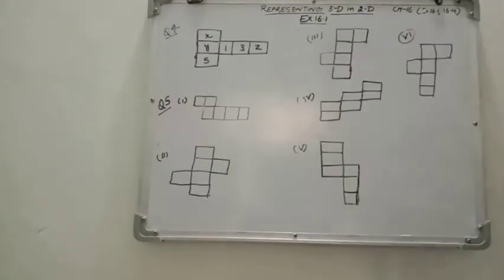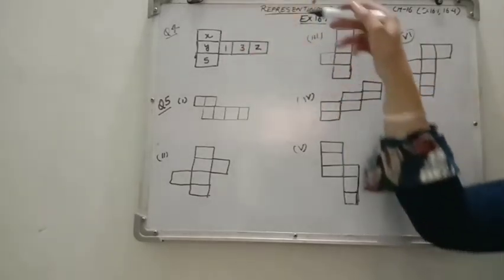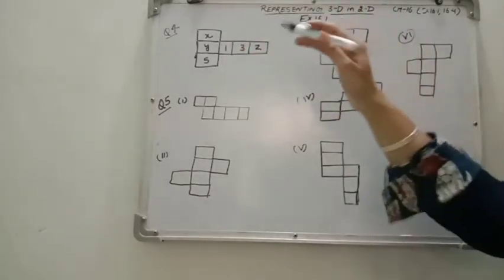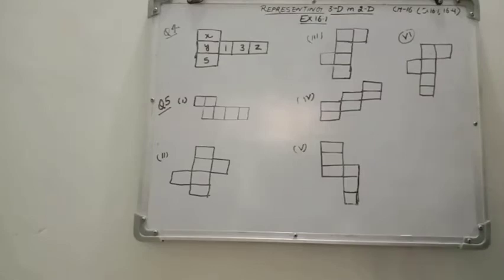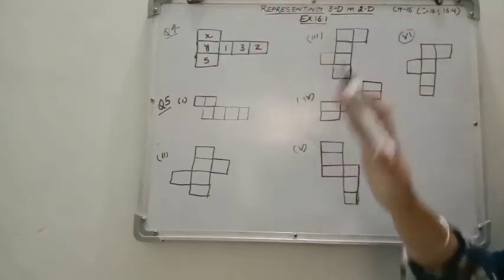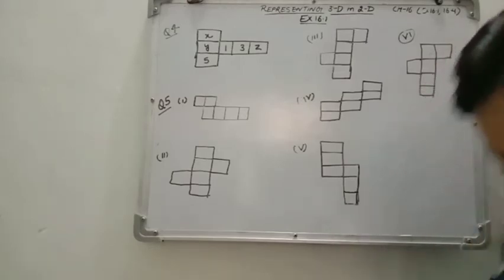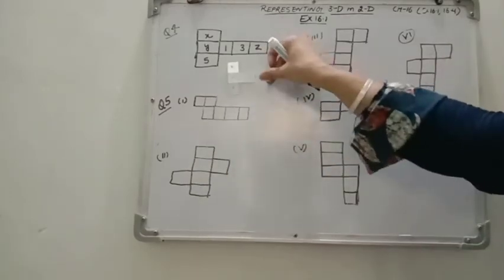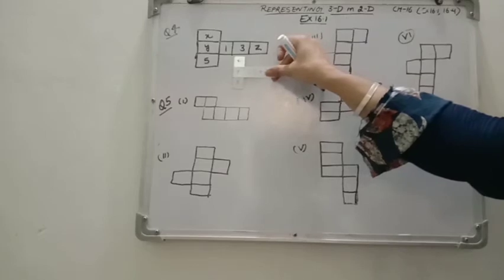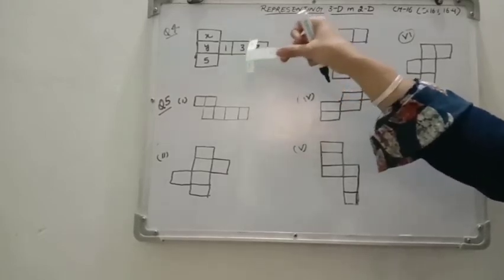See question number 4. This type of figure is given to you. They said the dice is given to you in a net form and you have to find out the values of X, Y and Z. Okay. You can see here I drew the same net on paper.